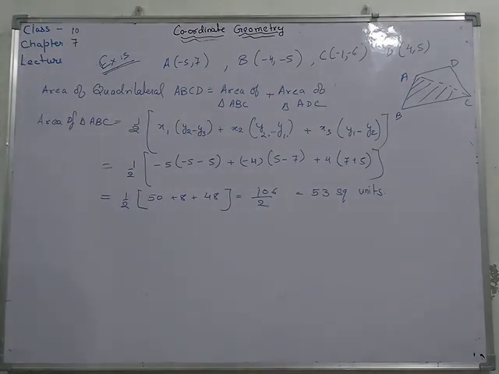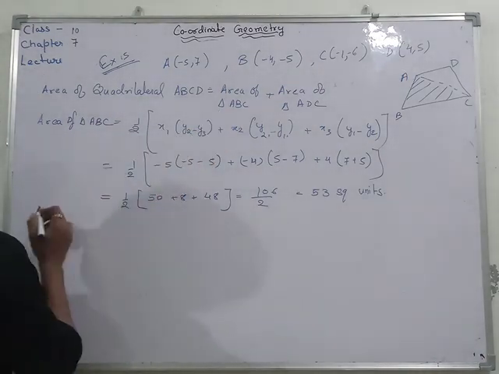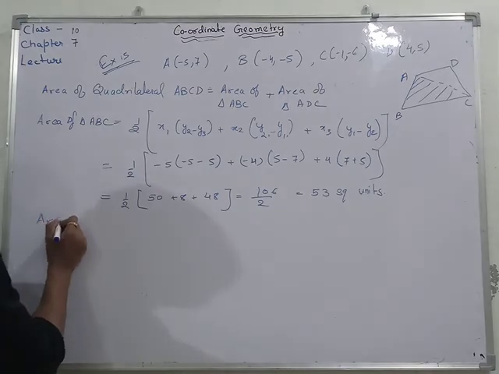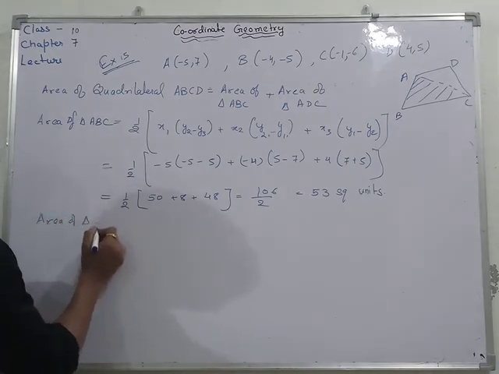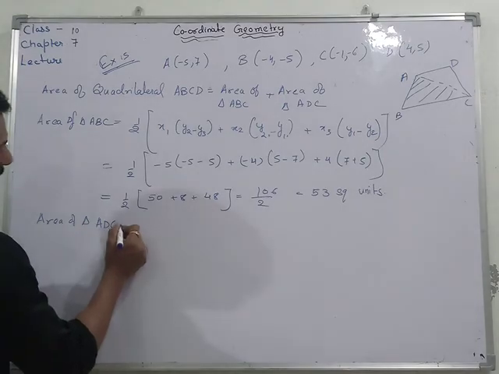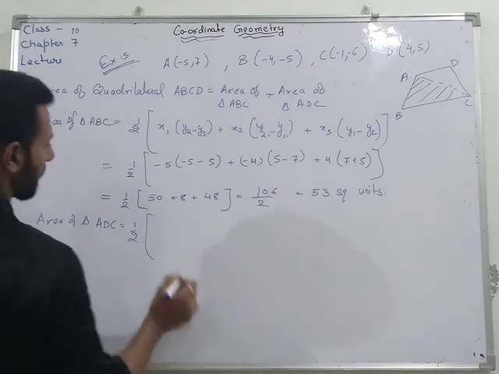Similarly, solving for the area of triangle ADC. Area of triangle ADC is equal to 1 by 2.